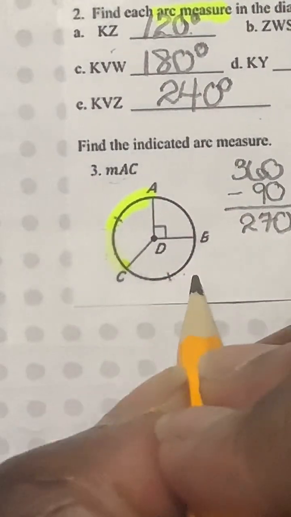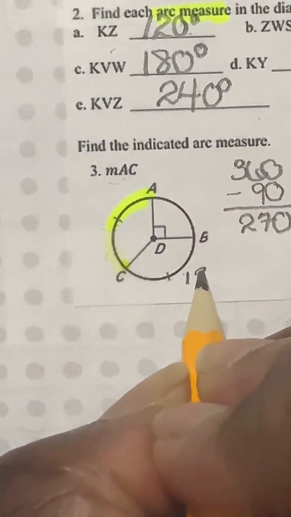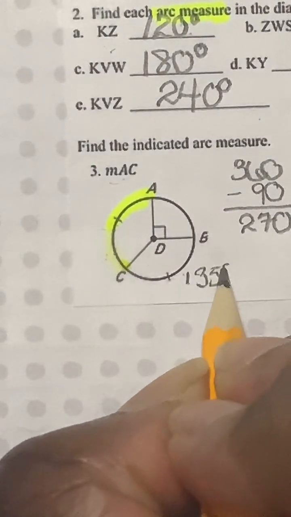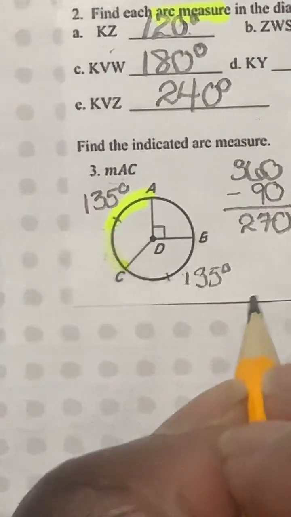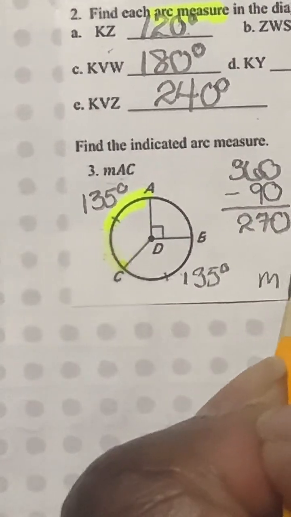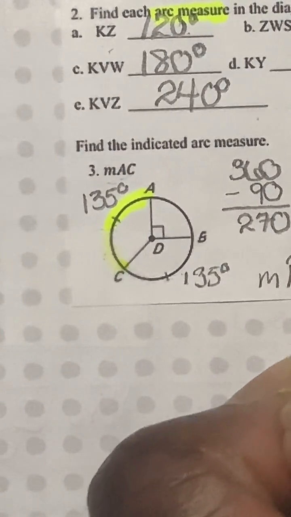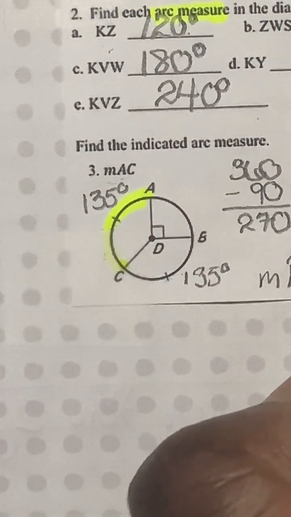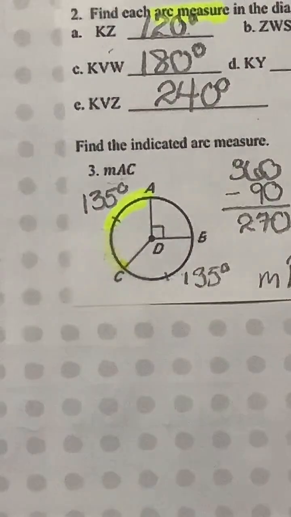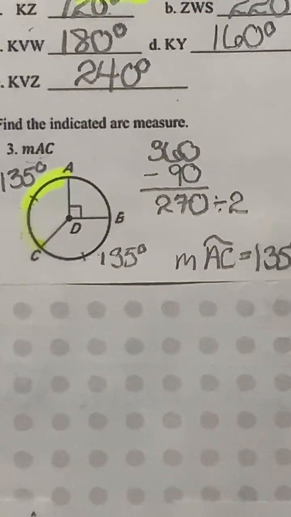So that means this side is going to be 135 degrees, as well as this side is. So the measure of arc AC is 135 degrees.